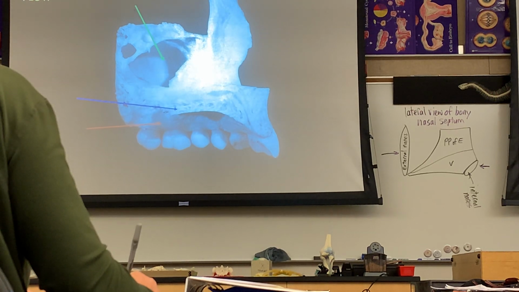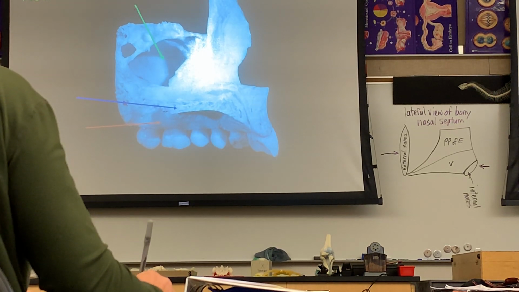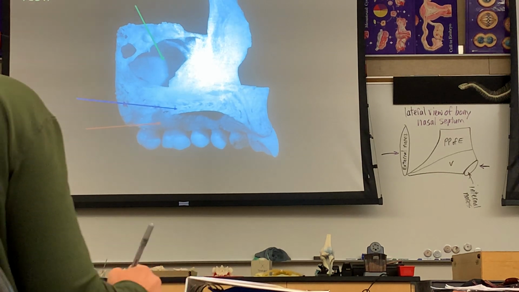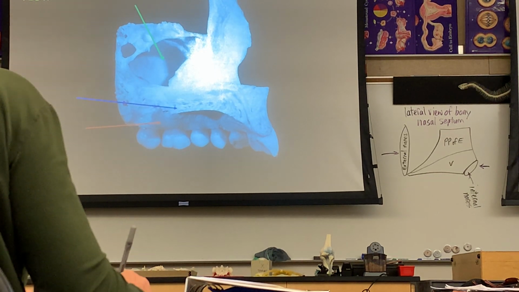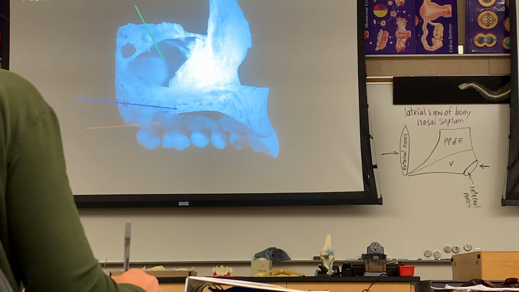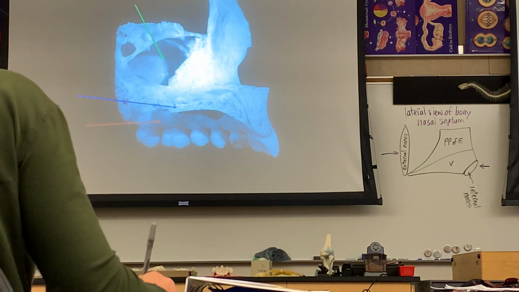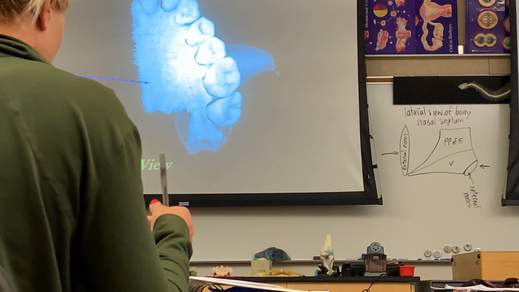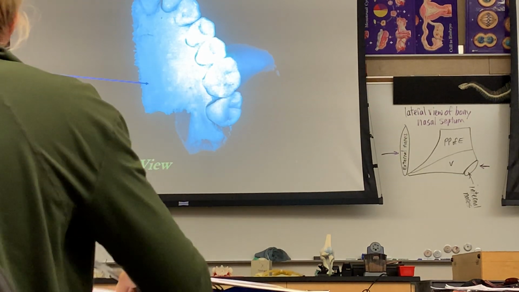Making up a good portion of the bony hard palate is the palatine process there in blue. Everybody got these? And there's the palatine process there in an inferior view. Do you see the 90-degree angle?